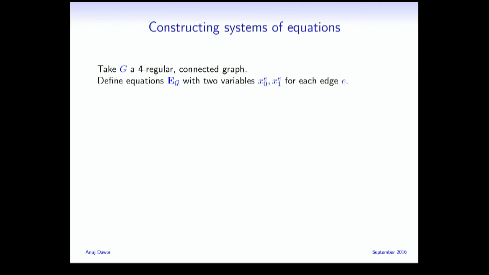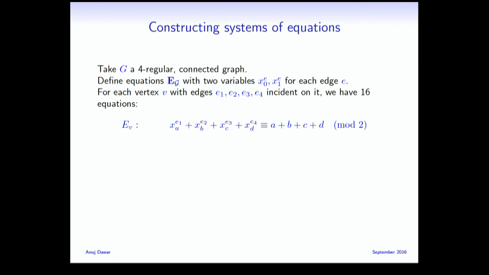My equations: for each vertex v, let's say a vertex v has 4 edges incident on it. I mean, every vertex v has 4 edges incident on it. Let's say e1, e2, e3, e4. I'm going to write down 16 equations associated with that vertex. And basically, these 16 equations are given by this. I take from each of the edges one of the 2 variables. That's my 16 choices.